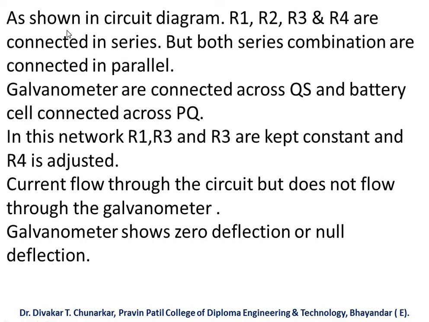According to the circuit diagram, the four resistors R1, R2, R3 and R4 are connected in series, but the two series combinations are connected in parallel.